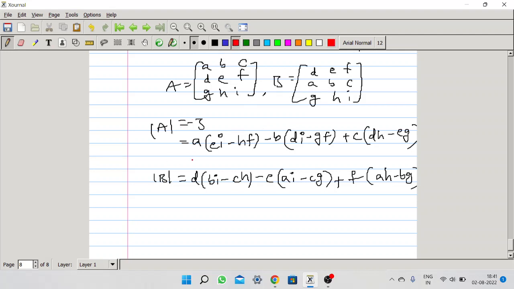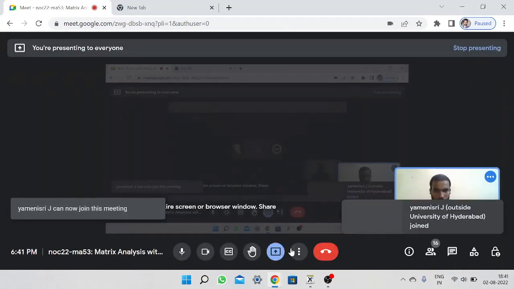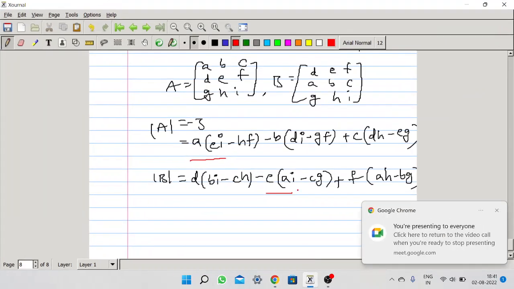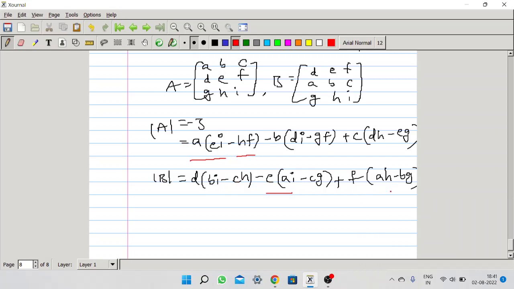In the determinant of A, we have AEI here, so we have minus of AEI here. And we have minus of AHF here, and here we have plus AHF.